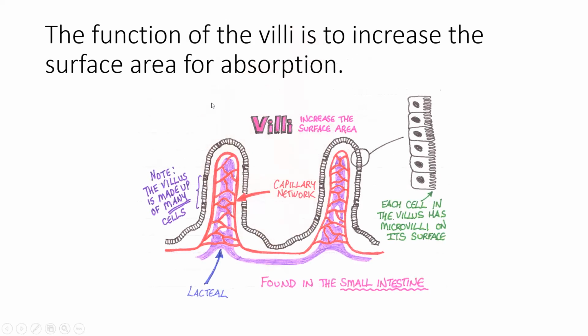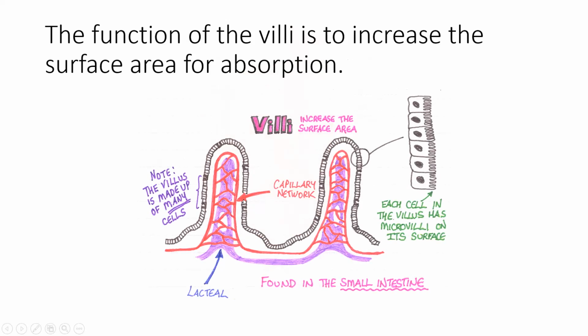The function of the villi is to increase the surface area of absorption. All these villi are made up of very small cells, and these are full of blood vessels. So the exchange occurs very easily between the food particles and the blood. The components which are absorbed go into the blood, right?